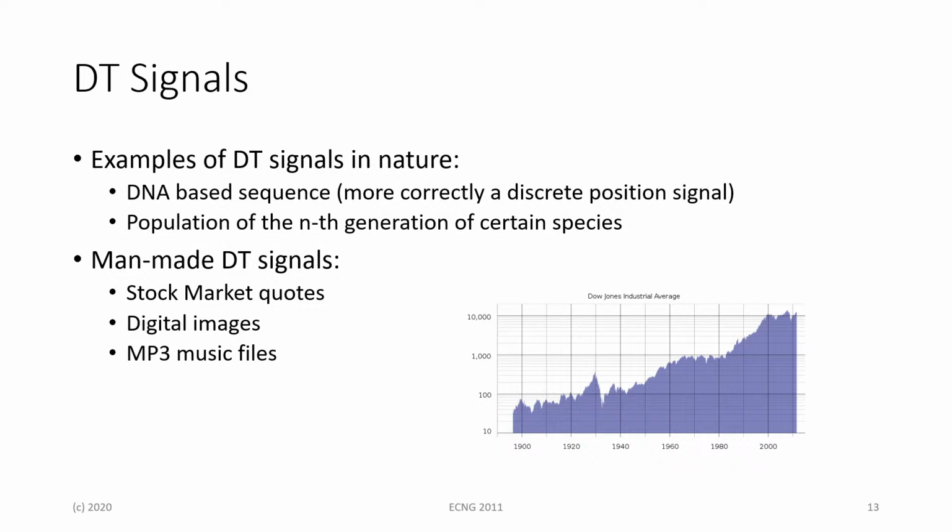Music in particular, if you're talking about analog music, tends to be continuous time. But digital music is what you get when you sample this analog music itself, like MP3 files, WMA files or FLAC files and so forth. Any files on your computer that you listen to are sampled versions of the analog music.